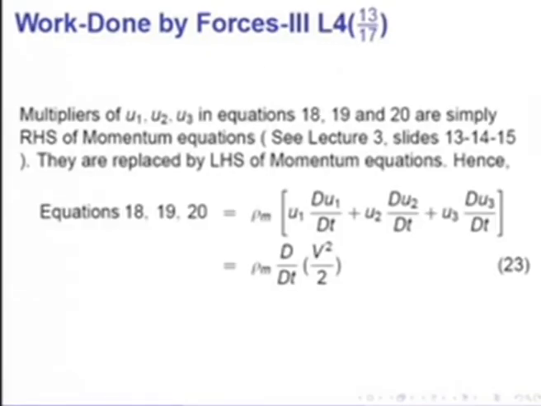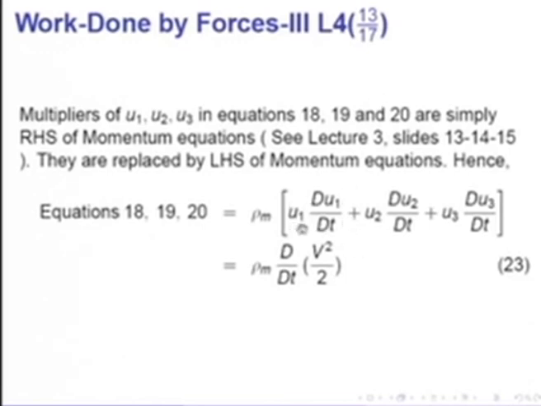So, multipliers of u1, u2, u3 in equation 89 are simply right hand sides of momentum equations. If you recall, on lecture 3, slides 13, 14, 15, we have replaced them by left hand side of momentum equations.